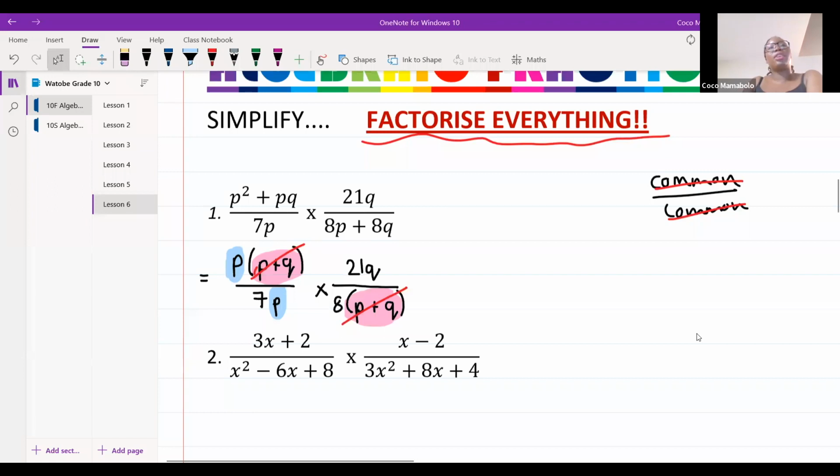All right, so the P's are going to cancel. Now if we took exactly what we've got here and we just said, what do I have left on the top, guys? Before I even go into canceling the 21 with the 7, what do I have left on the top? 21Q. Good.